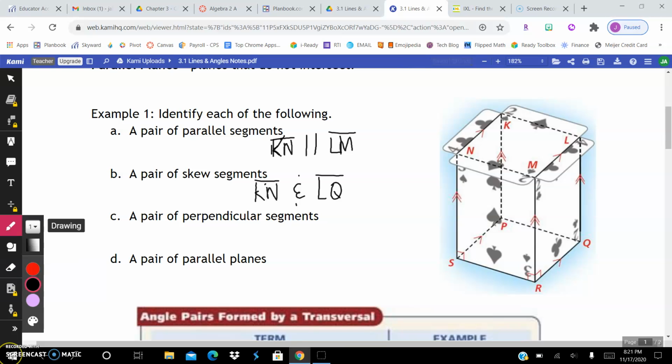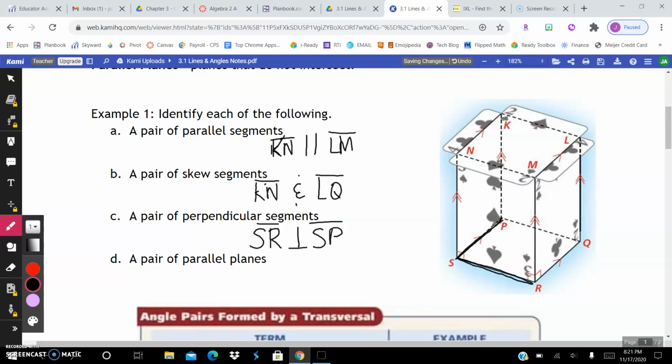Then for perpendicular segments, we are looking for two that are going to make 90-degree angles. And if you look at the bottom, you can see 90-degree angles indicated there. So for instance, this segment SR and SP would make a 90-degree angle. So segment SR would be perpendicular to segment SP.